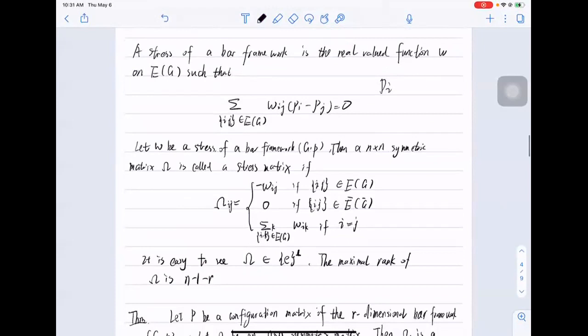So what is the stress matrix? A stress matrix is the following.